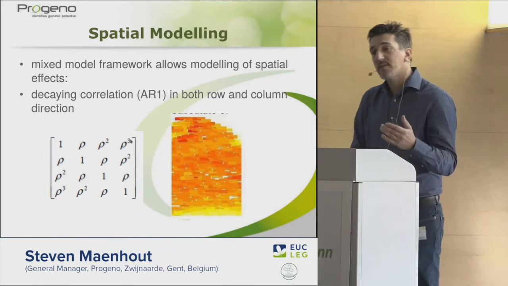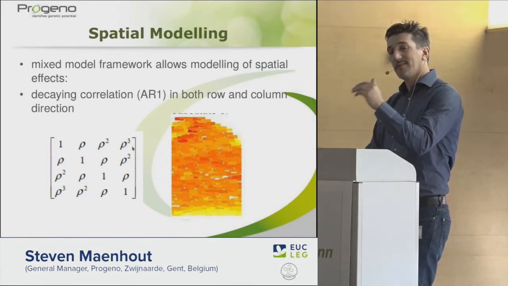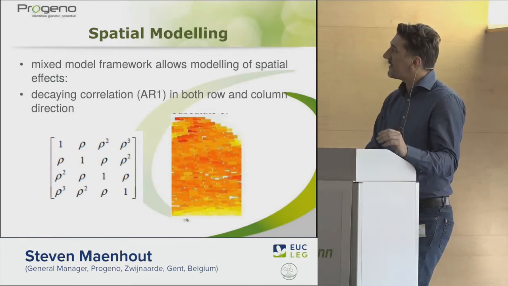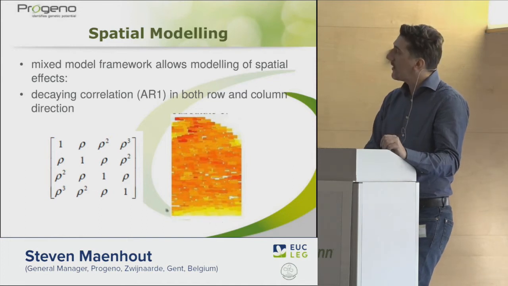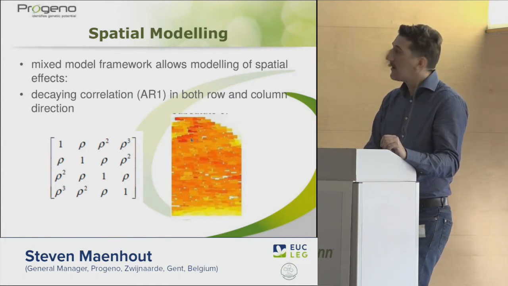So what you have is a correlation between plots that decays over distance. And that actually makes perfect sense if you consider, for example, that this is a tree line where there's shade. Shade is a non-genetic effect. It's a residual effect. So plots that are here will generally have a lower performance than plots that are here that are not in the shady part of the trial.